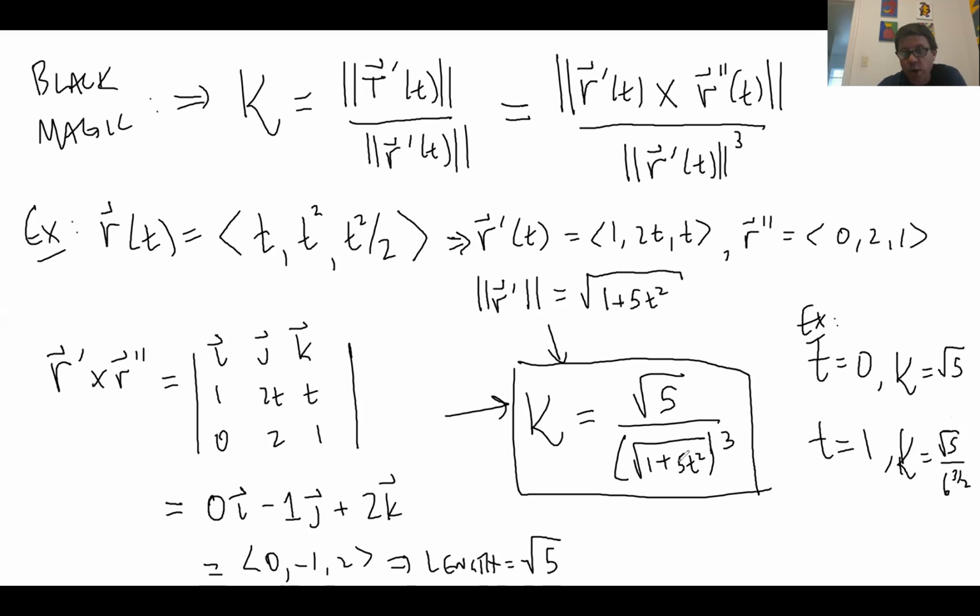And actually, as you go out, what happens is t gets bigger and bigger. As t gets bigger and bigger, the bottom's getting bigger and bigger, so the whole thing is getting smaller and smaller. The curvature is going to 0, which maybe you are not too surprised to learn, because a straight line has 0 curvature. It's not curved.